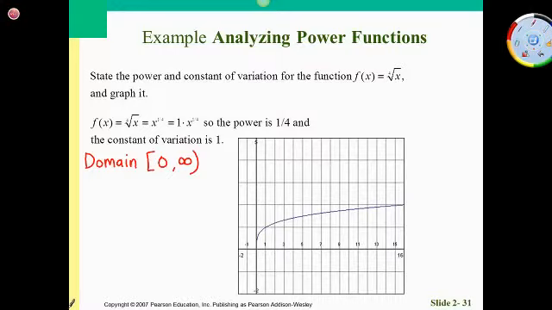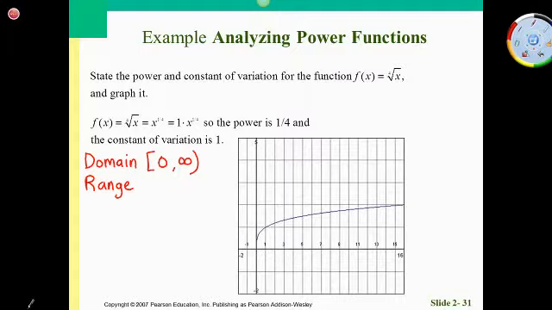What does the range look like then? What is the range? What's the smallest thing I couldn't put in? 0.